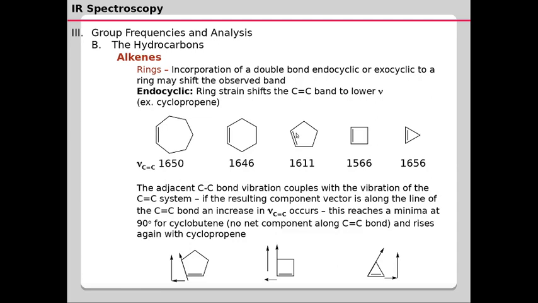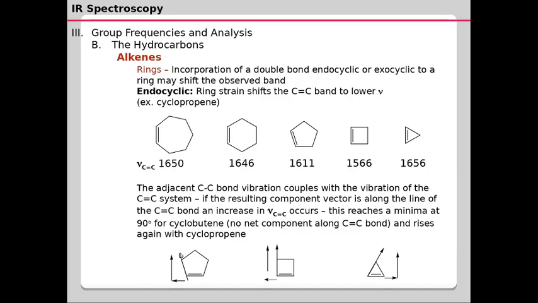Say for example, if you consider the cyclopentene system here, which we have shown in detail at the bottom, the stretching vibration of the carbon-carbon double bond happens along this direction, and this vibrational mode may be represented by this vectorial arrow here. The carbon-carbon single bond vibration can be resolved into two components.